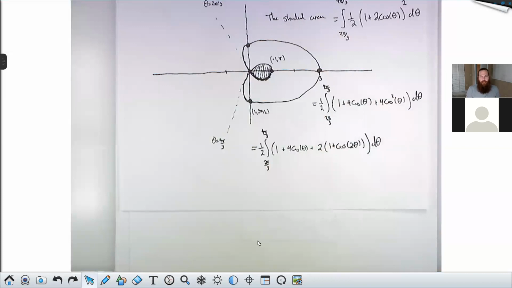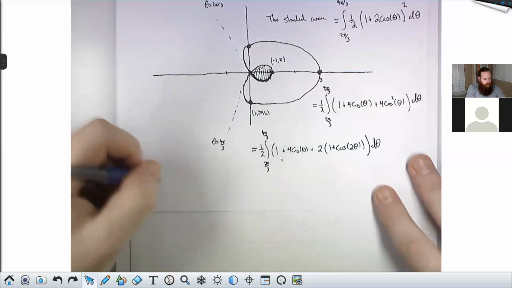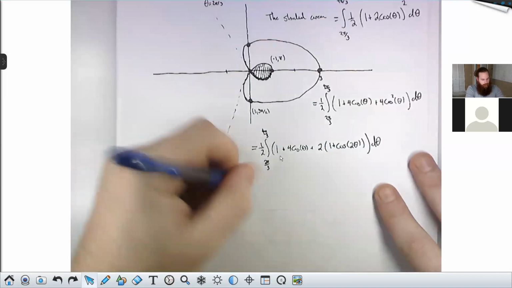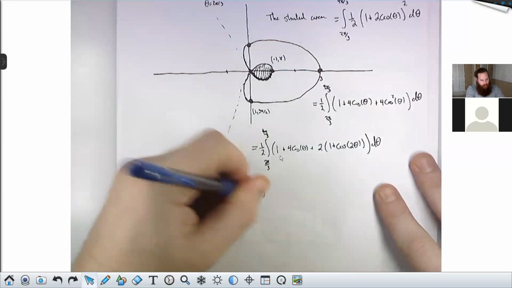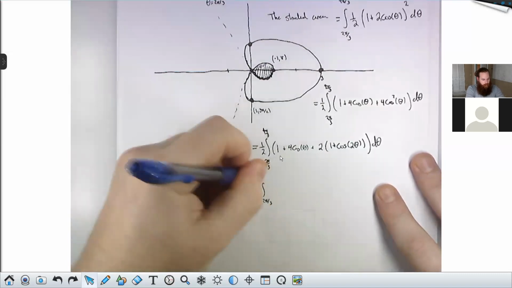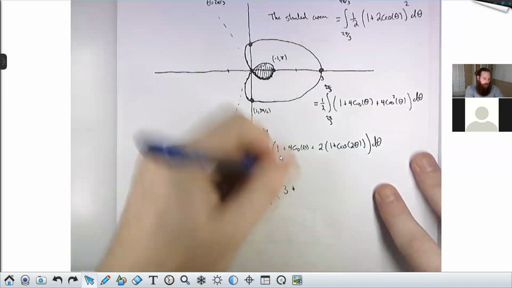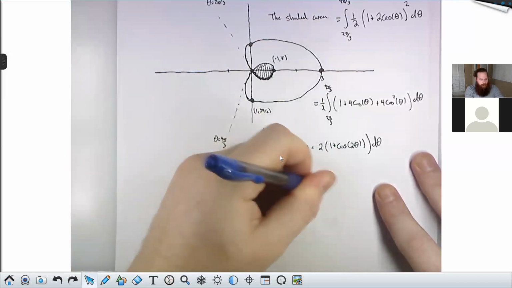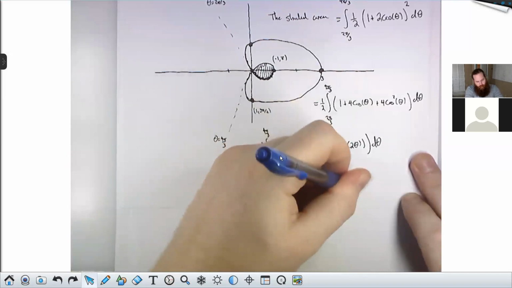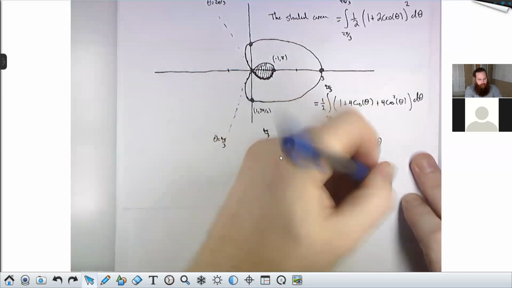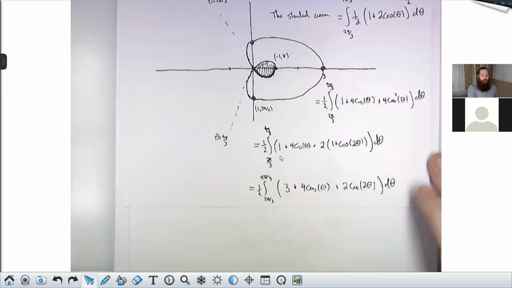So I will actually have some like terms when I distribute this 2 over these parentheses. I'll have 2 plus 2 cos 2 theta, and the 2 and the 1 will come together to make a 3. So I'll get 1/2 integral from 2 pi over 3 to 4 pi over 3 of 3 plus 4 cos theta plus 2 cos 2 theta d theta.